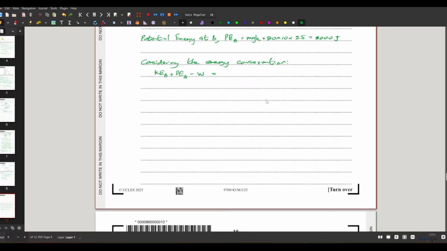Then we will have the final kinetic energy at point C. So from this one, I can make W the subject. So W I can bring to the left side, and then bring kinetic energy at point C to the right side.